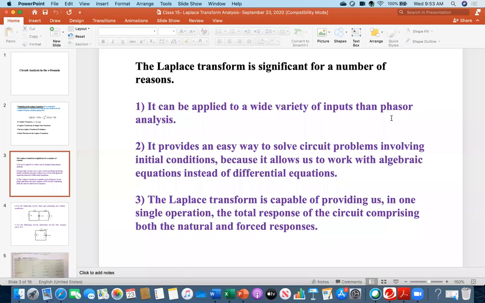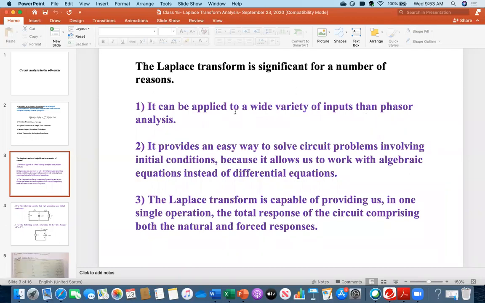But if you remember, in all phasor analysis problems, what was the input in the circuit? All were sinusoidal only, either cosine form or sine form. There was no DC or step function.